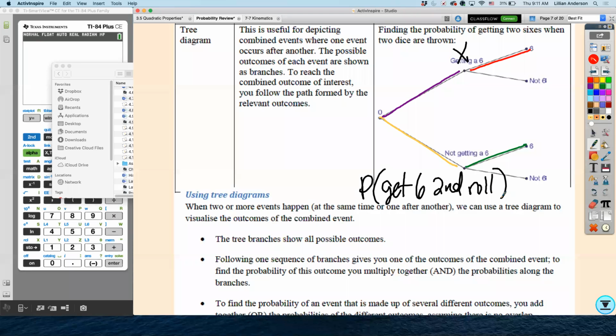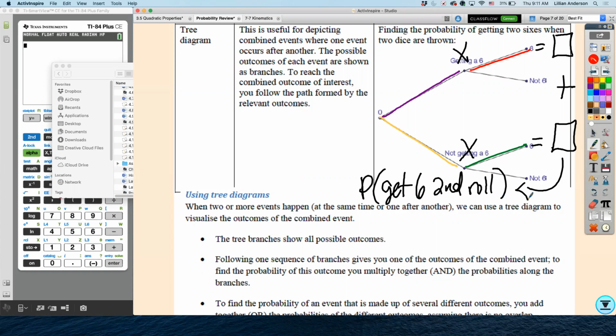You have to multiply, like once you get to the 6 on the first one, and then the second one, you multiply those. And then after you multiply both of the branches, you have to add them together. Exactly. You take those two results and add them together to get the probability of getting a 6 on your second roll. Trying to refresh your memory on how we use tree diagrams.